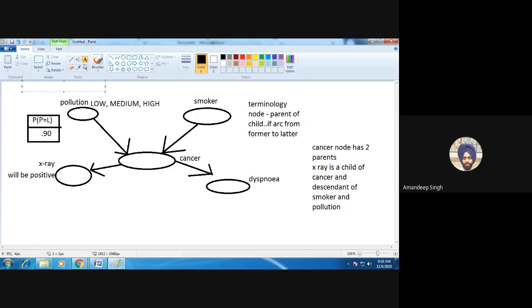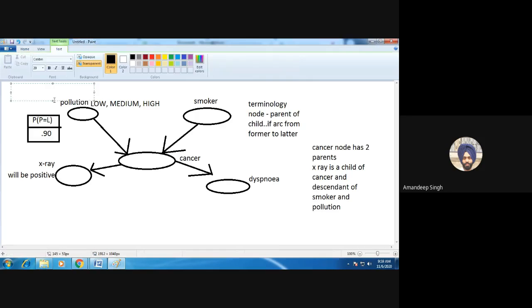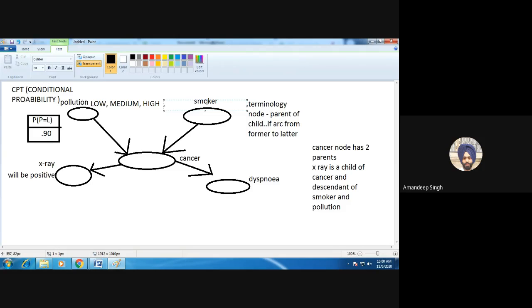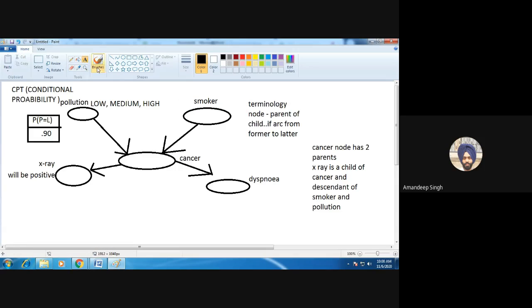Now similarly for the smoker part, if I need to compute the CPT, that is, we are now computing the conditional probability table.